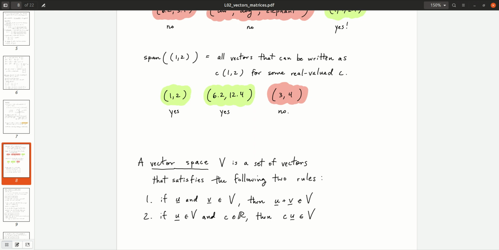The first one, if you have two vectors, u and v, that are members of this set V, then u plus v is also in capital V. The second rule is if you have a vector u in the set and some scalar, then a scalar times that vector is also in the vector space. So any set of vectors that satisfies these two rules qualifies as being called a vector space.